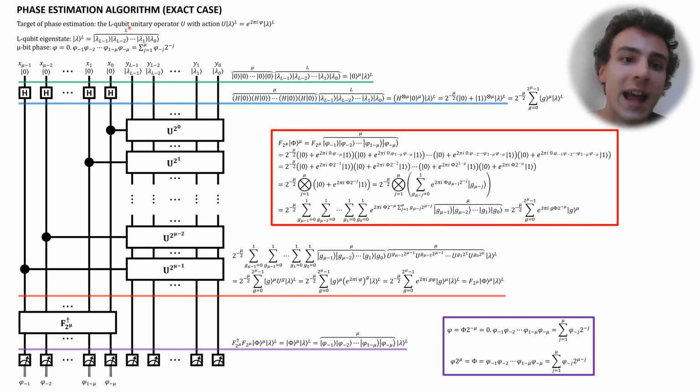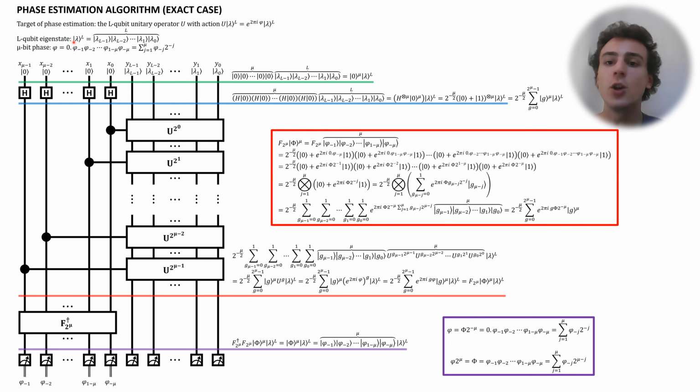And in total, we have L of these single qubit states. They're all getting tensor producted together to give us the L qubit eigenstate labeled by lambda. So that is why we have an L in the superscript. This superscript L distinguishes this state from a single qubit state. It is not the state of a single qubit, it is the collective state of an entire register of L qubits.